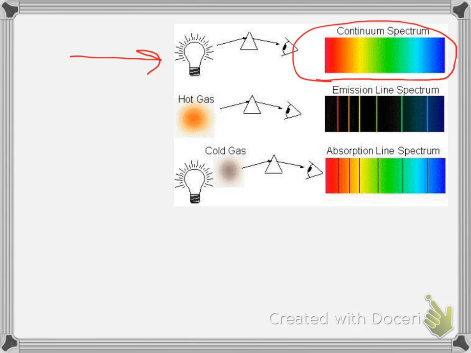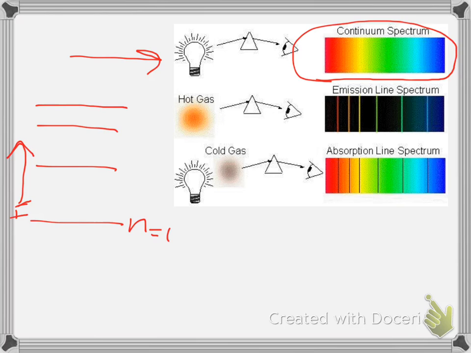But then there's another type, and that's the emission spectrum. If you remember from the simulation over to the side, this is what led to the concept of these energy levels. So this is energy going up this way, and this is the ground state, n equals 1. You can get this from previous diagrams too.